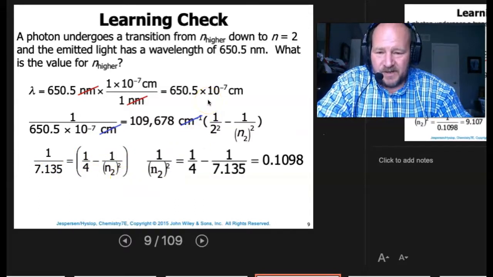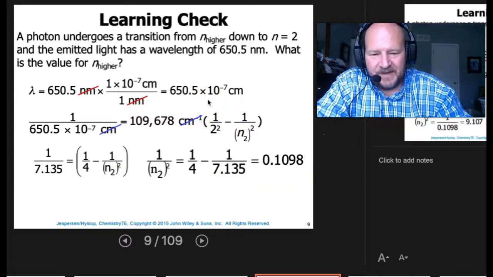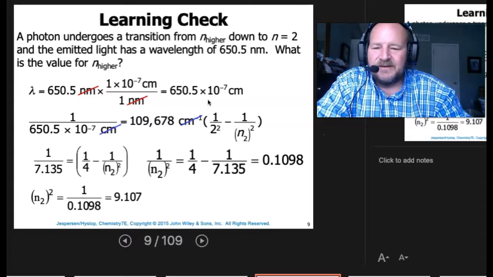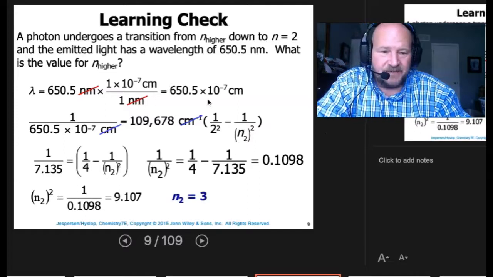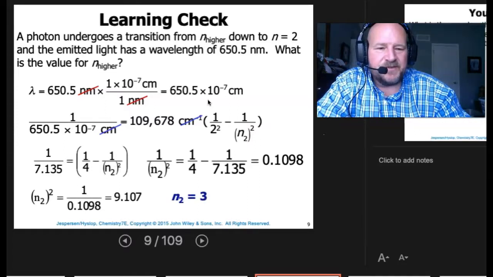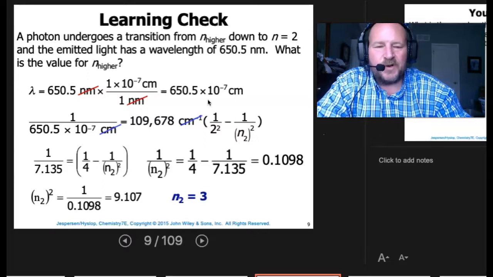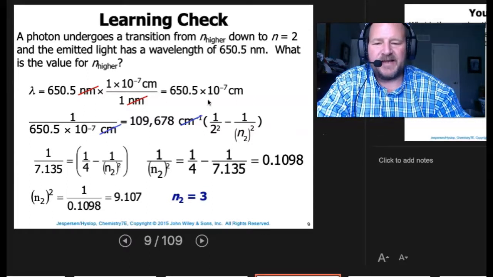That means 1 over n squared is going to be equal to 1/4 minus 1 over 7.135, which is going to equal 0.1098. And so n squared would be equal to 1 over that, which would be 9, which means n2 then would be equal to 3. Remember it had to be a whole number, so once we got to 9.1, we just had to take the square root of that 9.